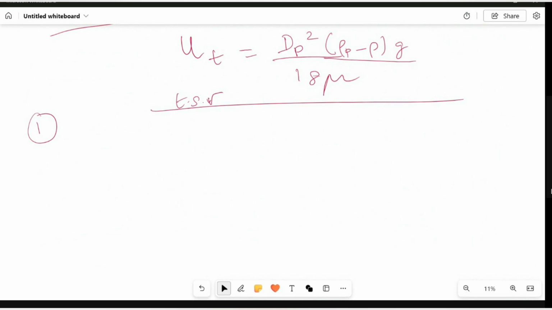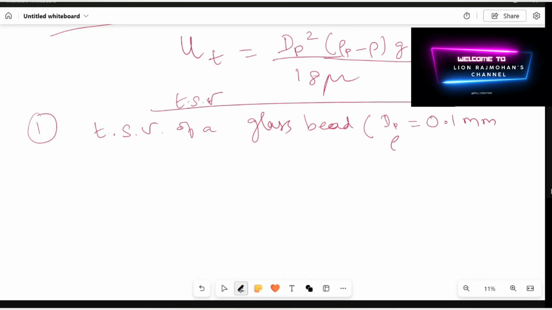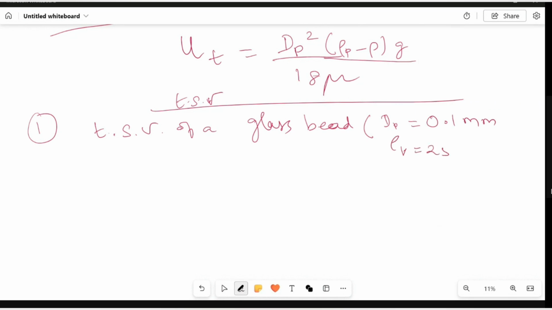Calculate the terminal settling velocity of a glass bead which has a diameter of 0.1 mm and density 2500 kg per meter cube. Remember, it can be given as specific gravity equal to 2.5, right? So the density of the particle is given.